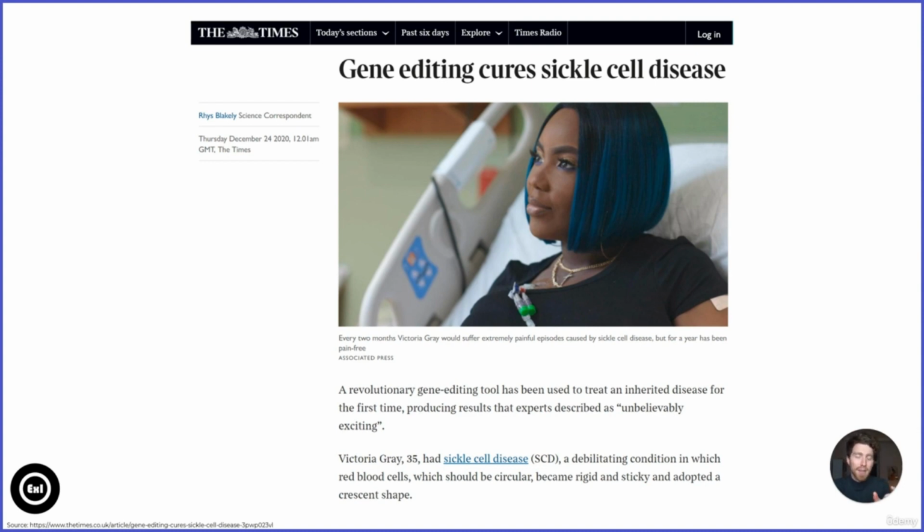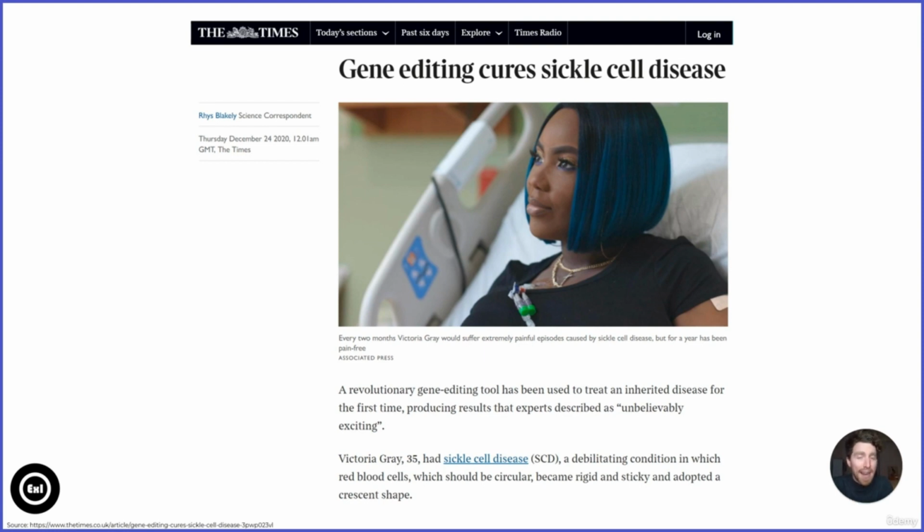These red blood cells are usually round and flexible, and they move easily through your blood vessels. But with sickle cell disease, they have the form of half moons or sickles, and they get stuck in the blood vessels, and patients suffer problems breathing.